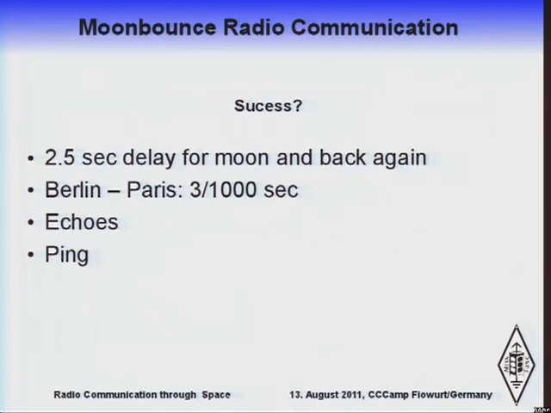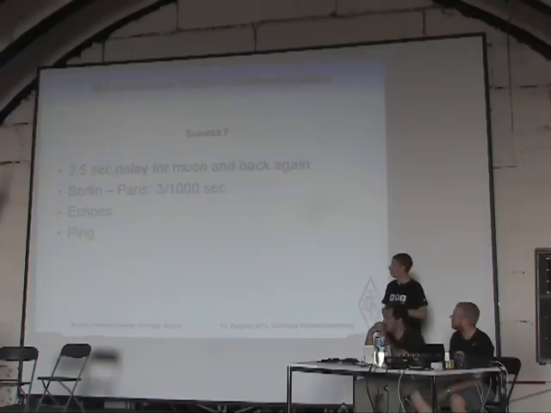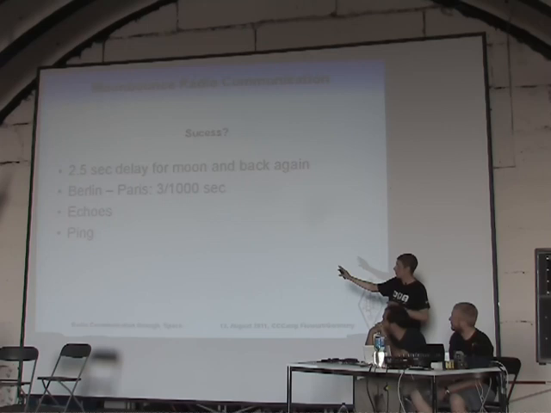And if we had success, we will see it in the delay, because it's also possible that we can receive the signal over the ionosphere from objects, but there's only one option left when you have got about 2.5 seconds delay of the signal, and that's the moon and back.